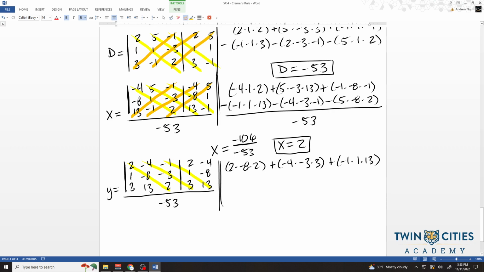So that's going to be negative 1 times negative 8 times 3, 2 times negative 3 times 13, and negative 4 times 1 times 2. So we're subtracting negative 1 times negative 8 times 3, subtracting 2 times negative 3 times 13, subtracting negative 4 times 1 times 2. And all of this is being divided by d, which is still negative 53.